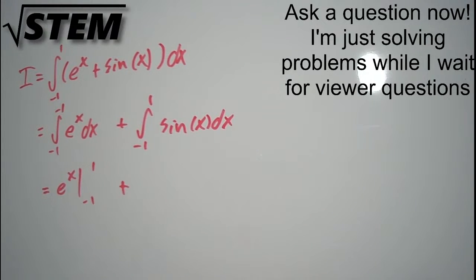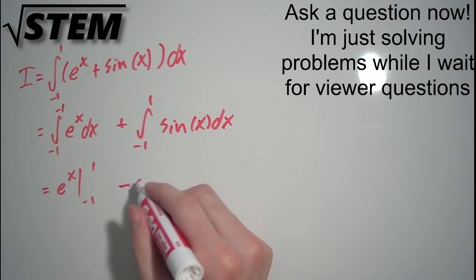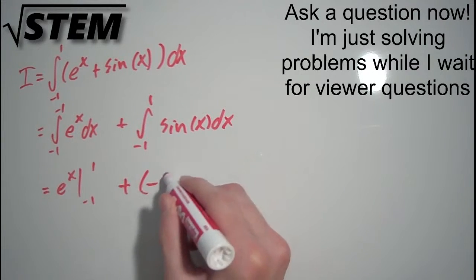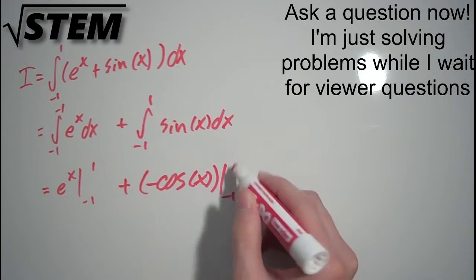The integral of sine: if you derive to positive sine, then you integrate to negative cosine, right? Because if you were regular cosine, the derivative would take you to negative sine. So you have to have a negative in front of it. So this should be negative cosine of x from -1 to 1.